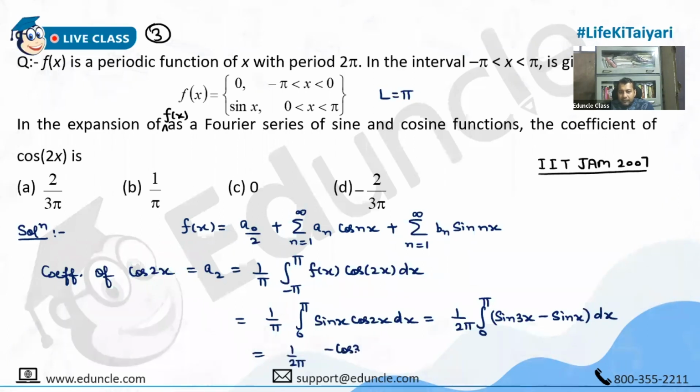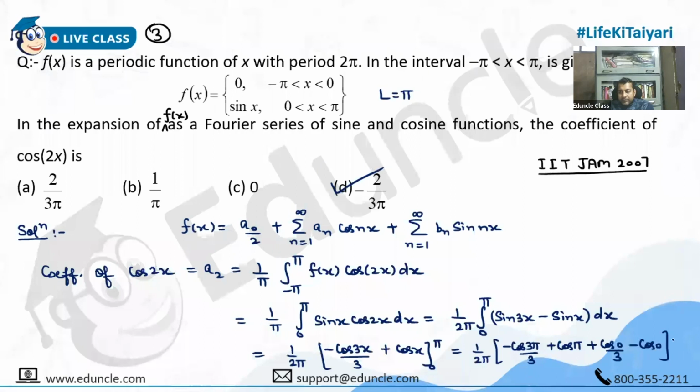So minus cos 3x by 3 plus cos x, from 0 to pi. If you solve it, you will end up getting option D. You can check. And you are saving a lot of your time in the exam by directly calculating it.